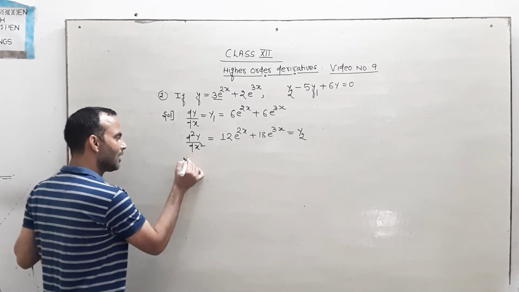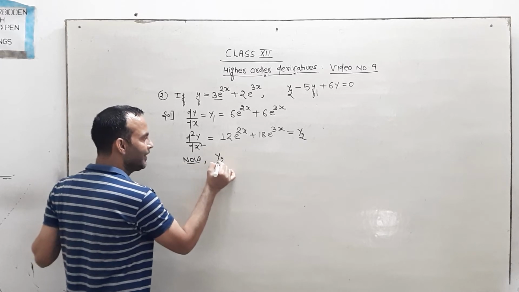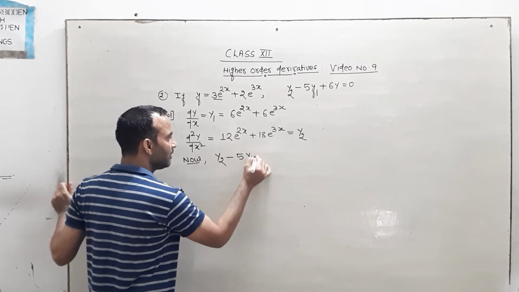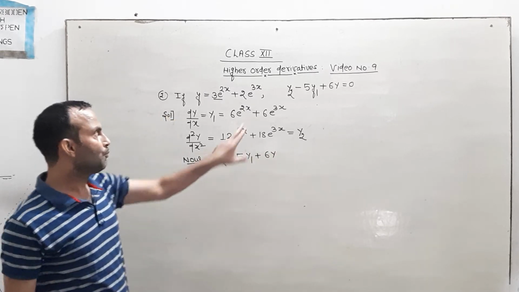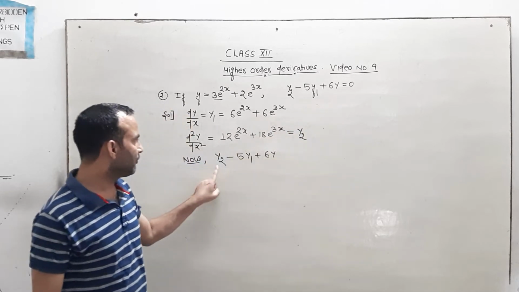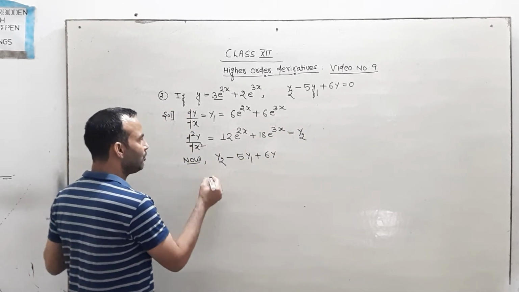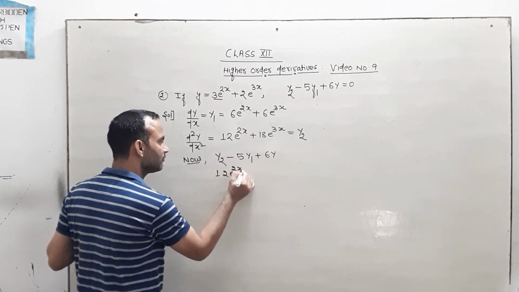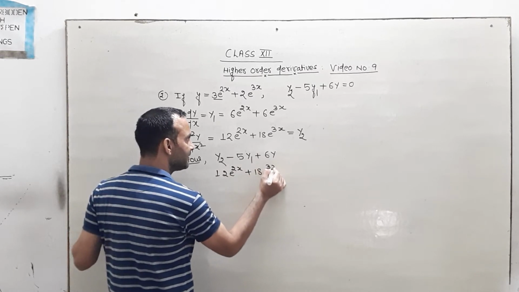Now, what we have to prove? We have to prove that y2 minus 5 times of y1 plus 6 times of y is equal to 0. Now to prove it, substitute the value of y2, y1 and y here. The value of y2 is 12 times of e raised to the power 2x plus 18 times of e raised to the power 3x.